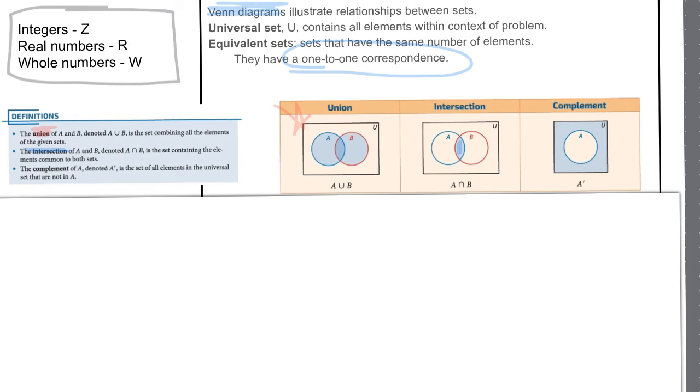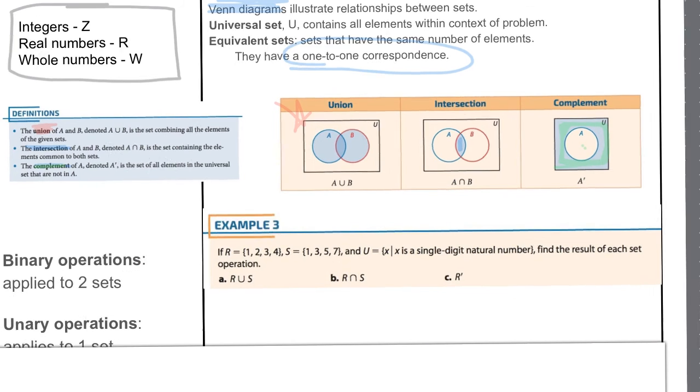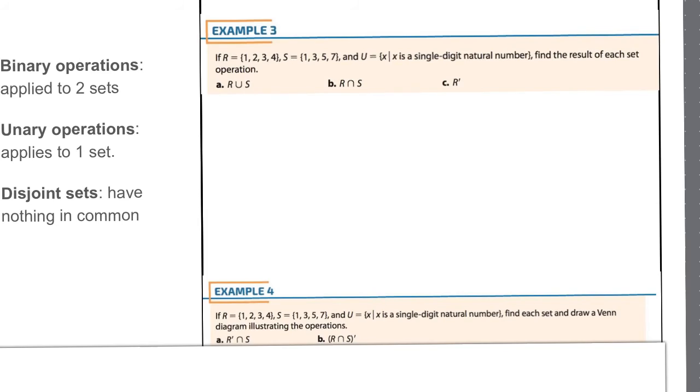This little bit right in the middle, it's what overlaps, the intersection. And then the complement of A, if A is within the circle, the complement is everything that is outside the circle. So it's in the universal set, but not in the set A. All right, so let's use this information and let's go on to a better example, example 3.